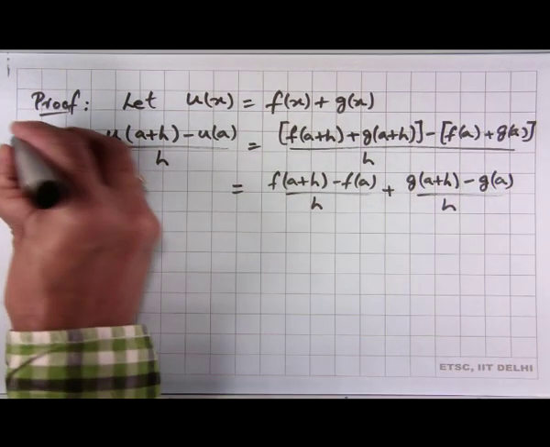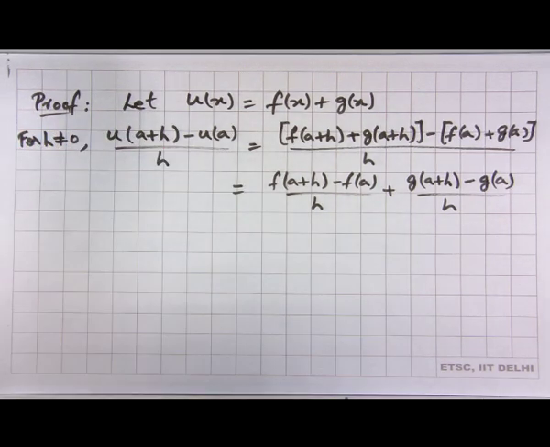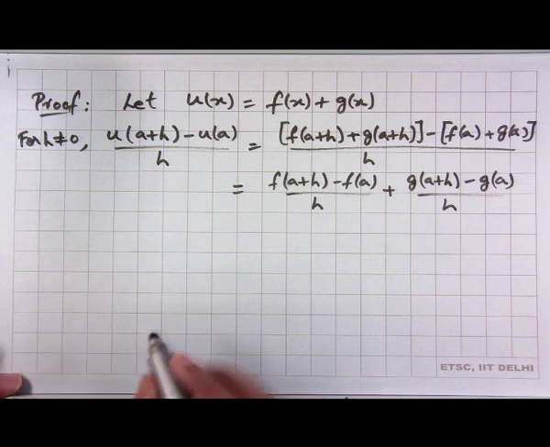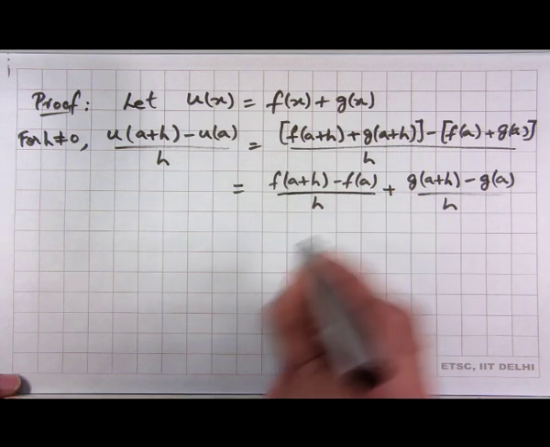So, for any h non-zero we have this, and what we know is that the limit of the right hand side, both the limits exist.